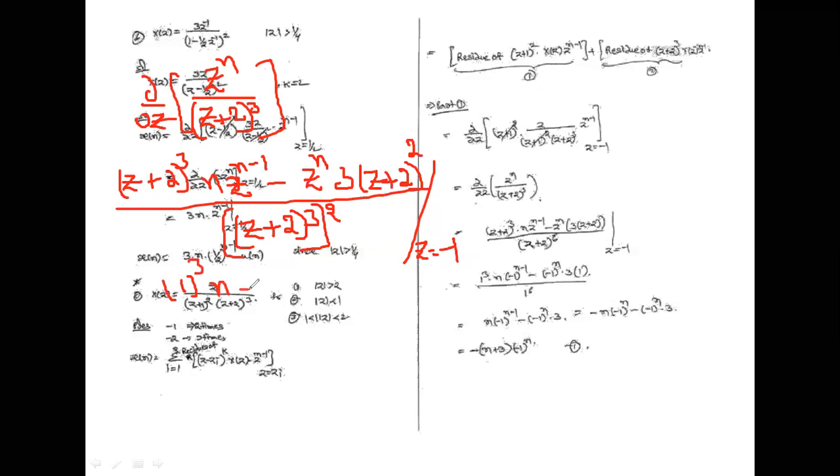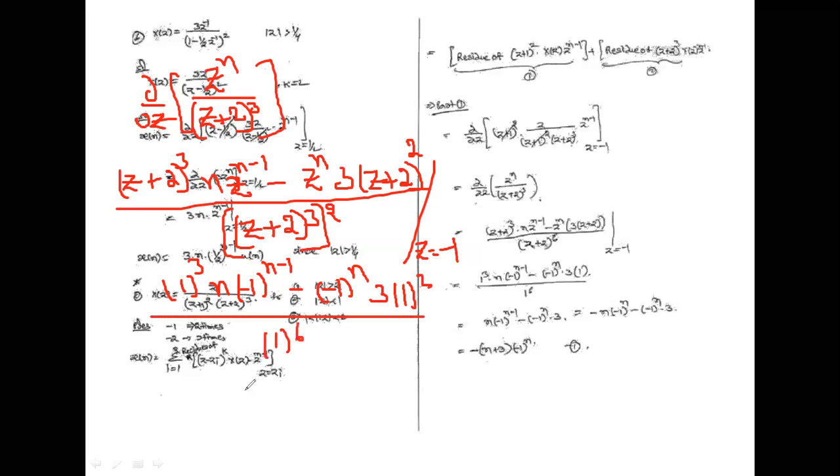N into minus 1 whole power n minus 1, minus minus 1 whole power n, 3 into minus 1 plus 2, which is 1 square, whole divided by minus 1 plus 2, that is 1 whole power 6.